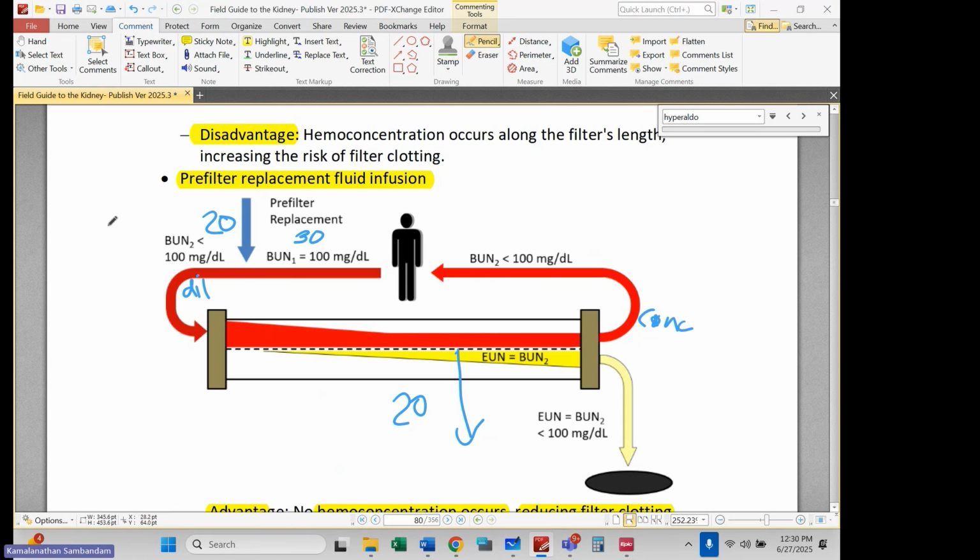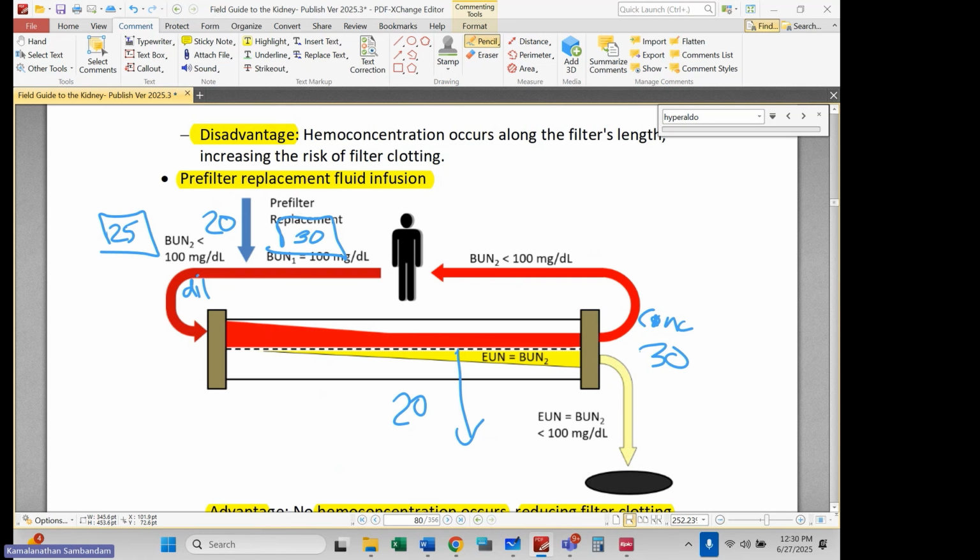It is true that I dropped to some arbitrary number. I'm just using numbers, 25%. It's going to be some ratio of my blood flow to replacement fluid flow rate. And then I am concentrating back to 30% here. And so I do get hemoconcentration if I use this as a frame of reference. But using this as a frame of reference, I am not having a net hemoconcentration.